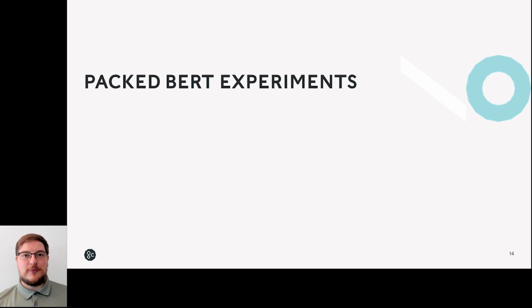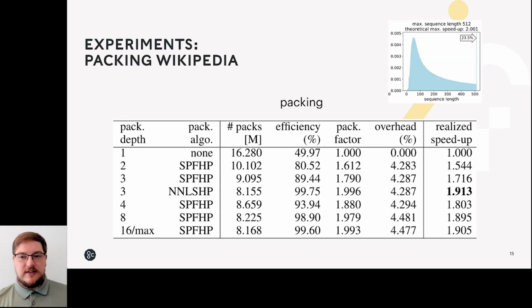So, how does it look in the experiments? In this table, you can see the performance of the two different packing algorithms on the Wikipedia dataset. The first line shows you the baseline. Without packing, we have 50% padding.